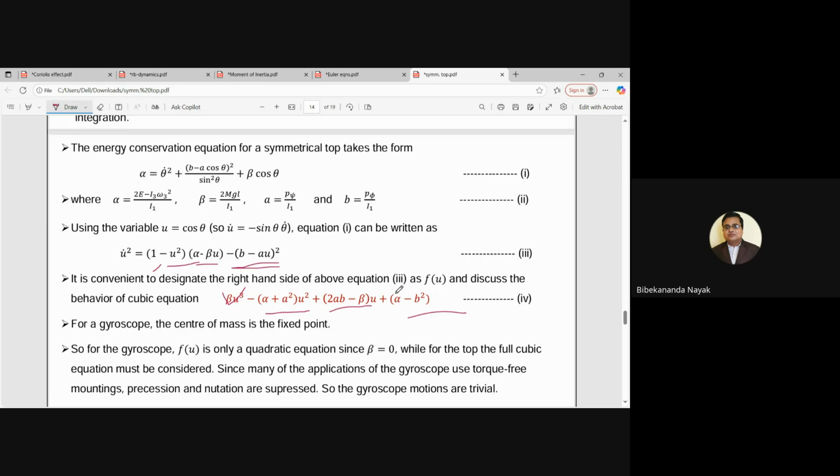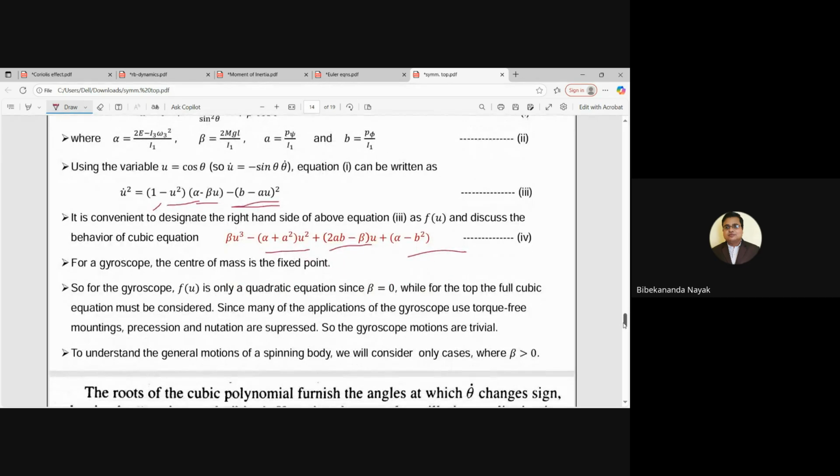So you can say the highest power will be 3. If beta is equal to 0, then it becomes a quadratic equation. Otherwise, the highest power is 3. And for a gyroscope, the center of mass is the fixed point. If you take the center of mass as the fixed point, beta becomes 0, where beta is equal to 2mgl by I1.